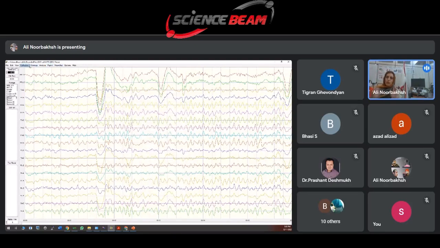After that, we should remove artifact. Okay, there is an artifact. As you can see, this is an artifact. Can you see the mouse? I think you cannot. Can you see artifact in this page? There are artifacts.